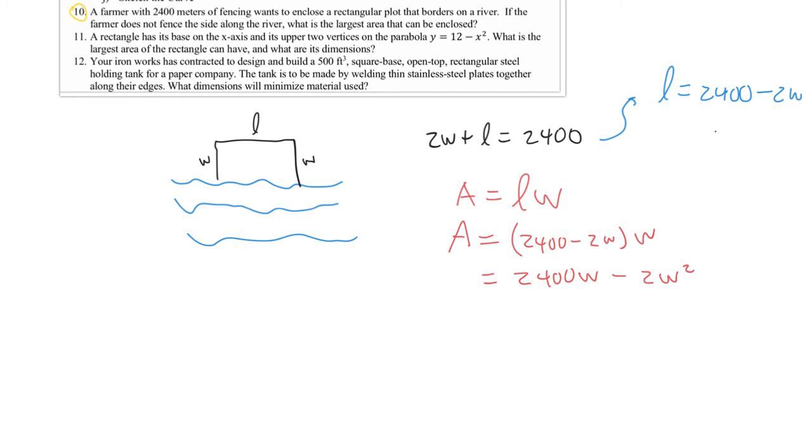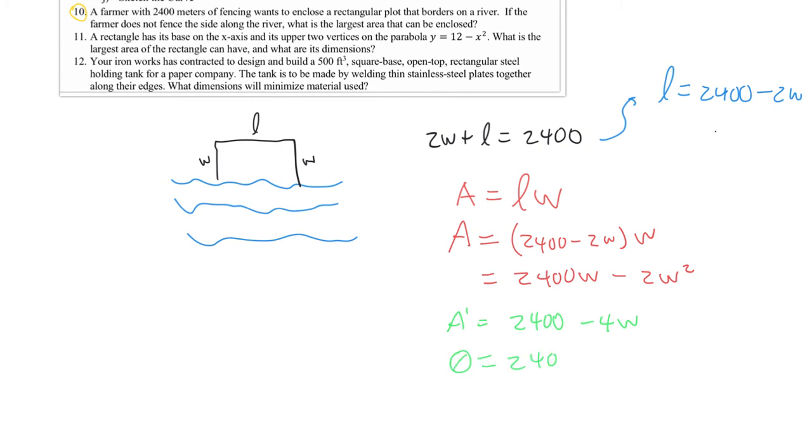Now, I would take the derivative of the area in that case. So it'd be 2,400 minus 4W. So at that point, if we want to take the next step, we would have to set this equal to 0.